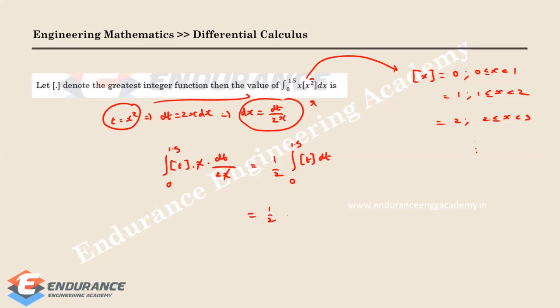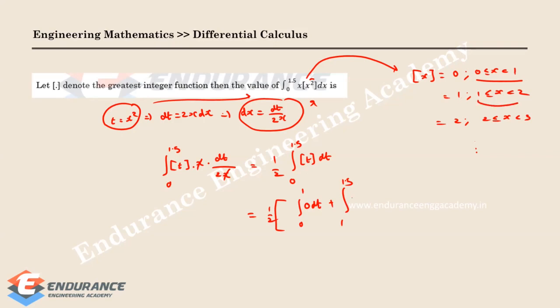So 1 by 2. This step function of t is the same as this when the limit is between 0 and 1, my step function of t will be 0. And when the limit is between 1 and 1.5, which means when x is between 1 and 2, my step function of x is 1 only.